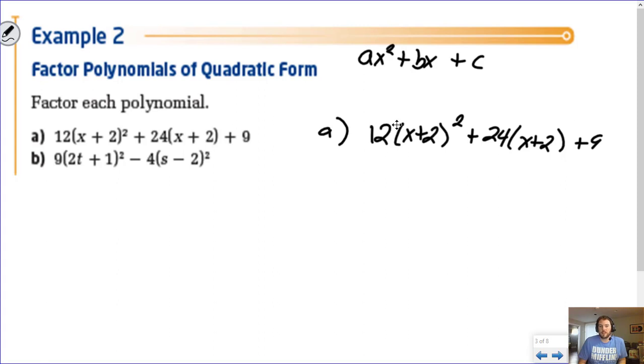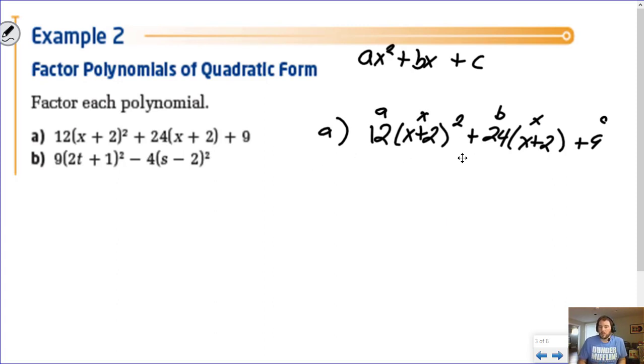So notice we have some number, so this would be our a, and then we have something that contains variables, that's our x, and it's squared. And then we have another number, which is b. And then we have the exact same bracket, that'd be like our x. And then finally, we have our 9, which is c. So we still have that ax squared plus bx plus c, so we can still factor it the same way.